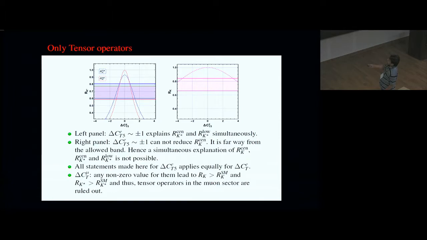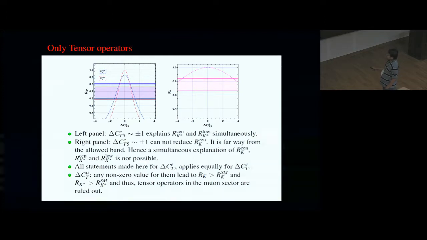On the other hand, in the right panel we plotted RK versus CT5E. We see that it cannot bring the standard model value down to the experimentally allowed region. So CT5E cannot explain both cases.